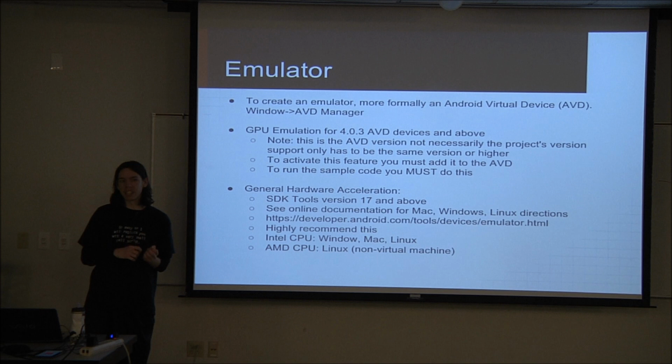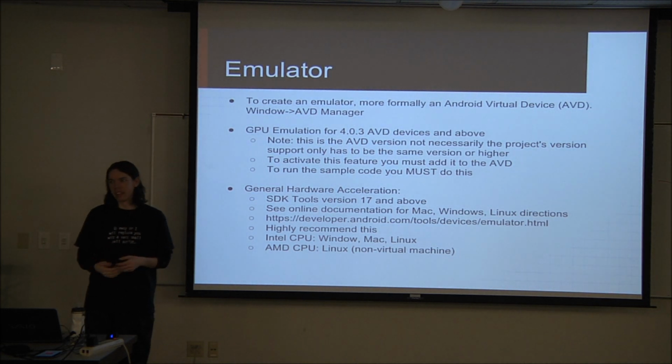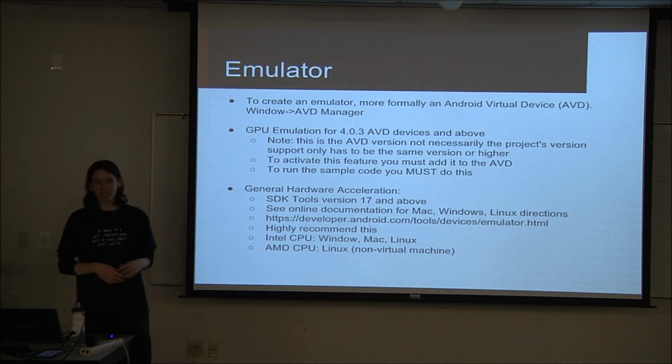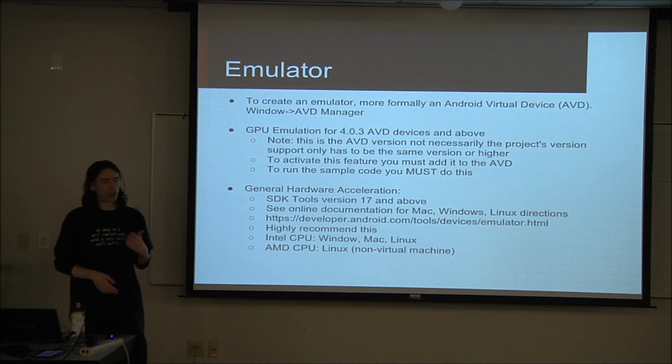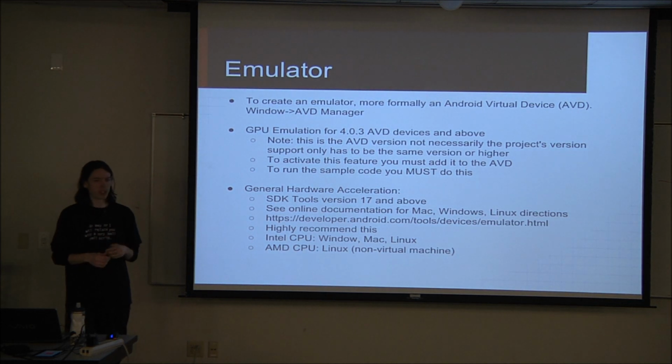This, however, does not mean that you're developing an Android 4.0.3 application. You can develop any application less than or equal to Android 4.0.3. That version is that of the Android virtual device itself. It has nothing to do with the actual project you're running, besides needing to be a version greater than or equal to the version you're currently developing. All versions higher than 4.0.3 also have GPU emulation supported.